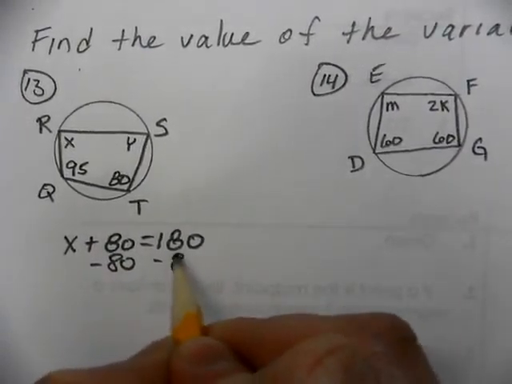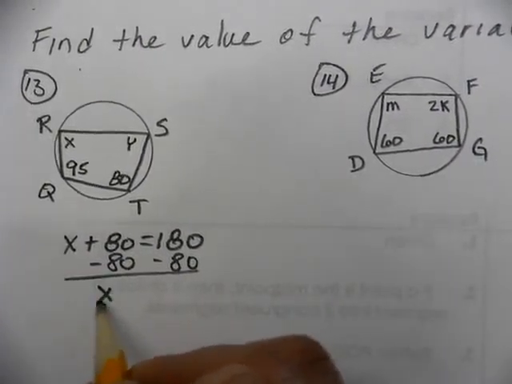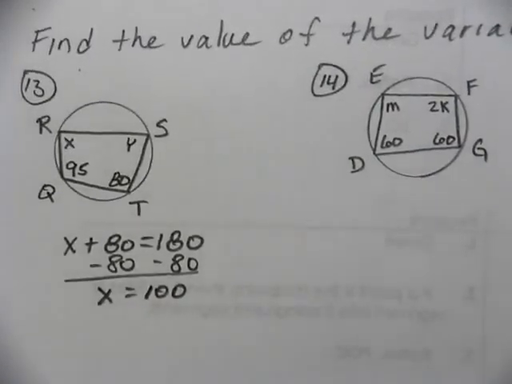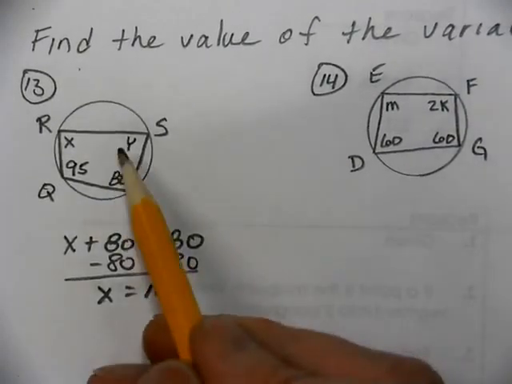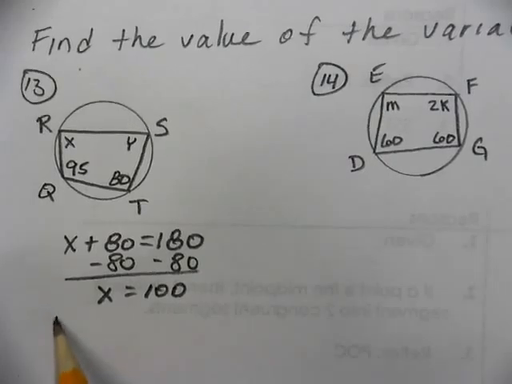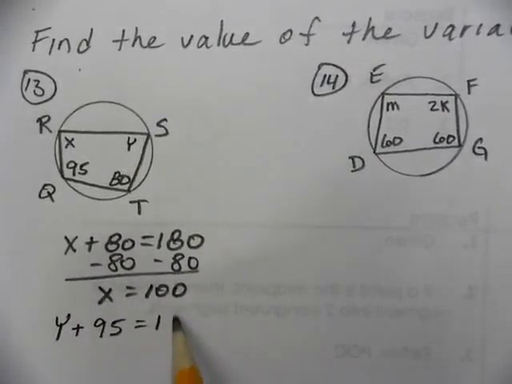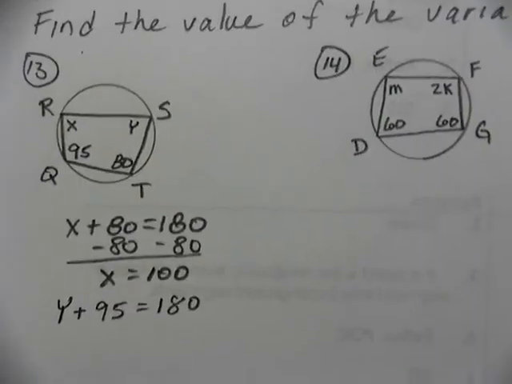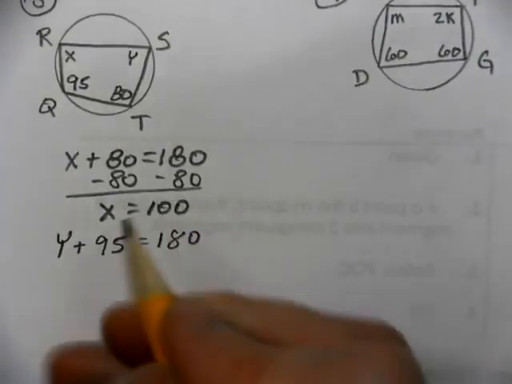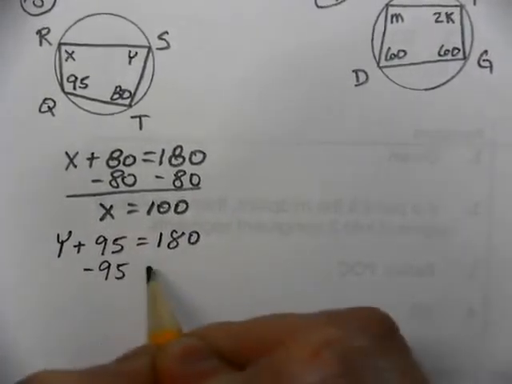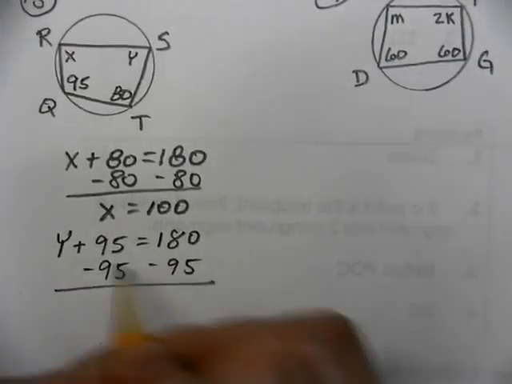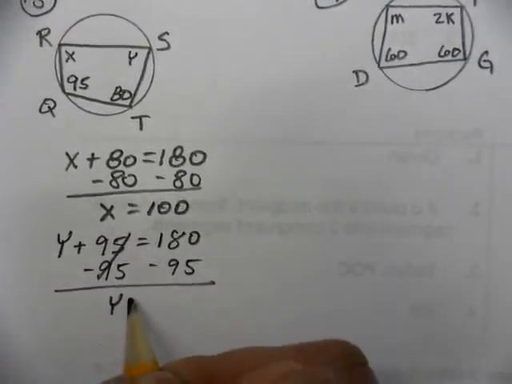So subtract the 80, and X has to be 100. Similarly, we know that Y plus 95 has to add up to 180 because they are opposite angles. This quadrilateral is inscribed in a circle.